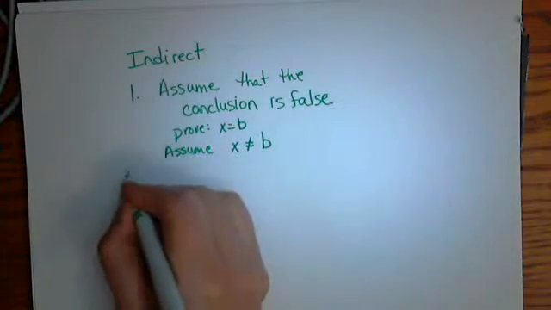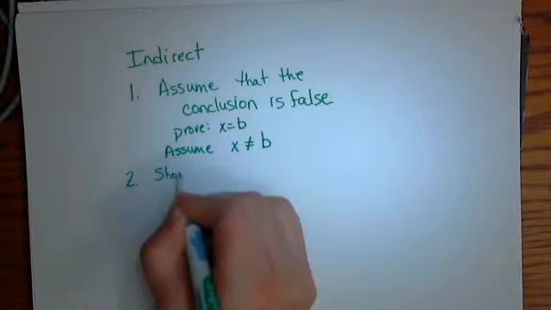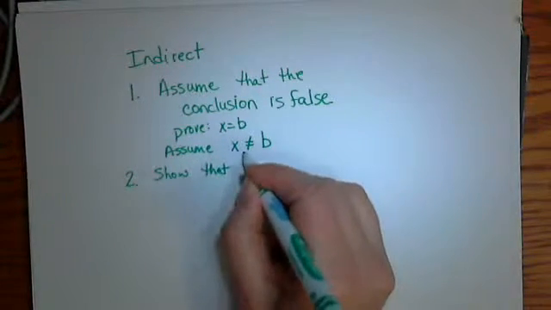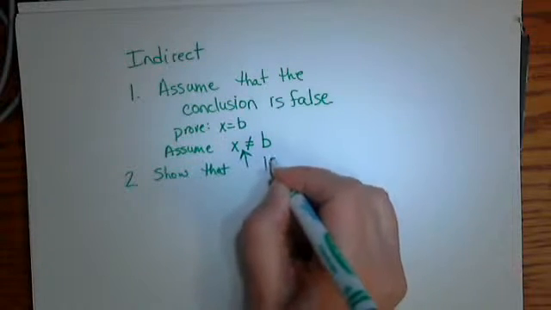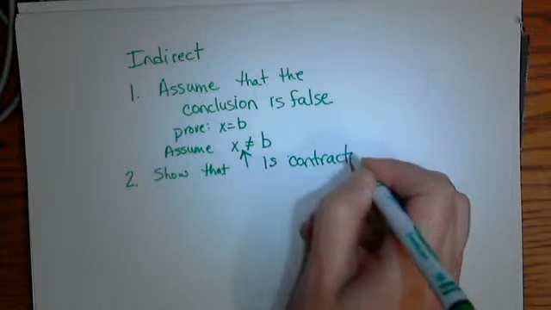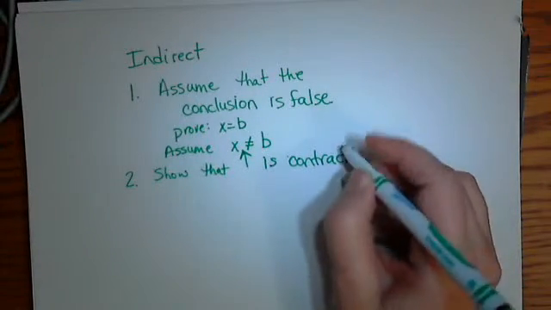The second step is to show that this assumption right here is contradicted. I can't even spell tonight.